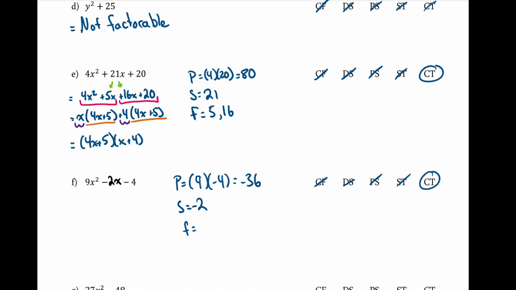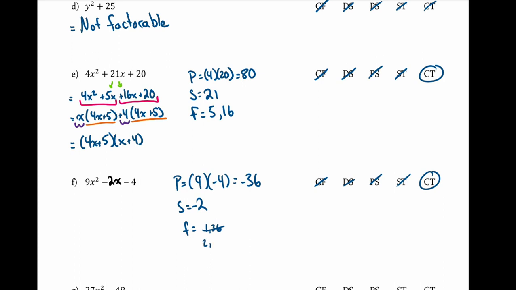But I think we've come up with almost everything that we can think of, and we can't find any factors that work. Because we tried 1 and 36, that didn't work.